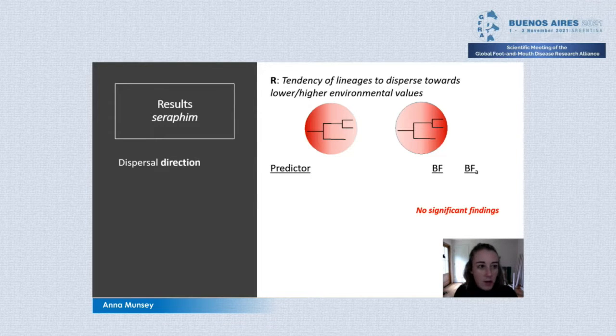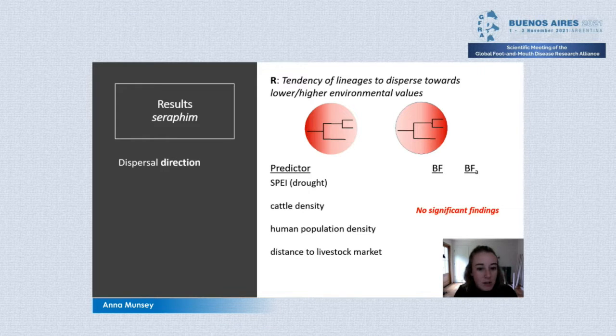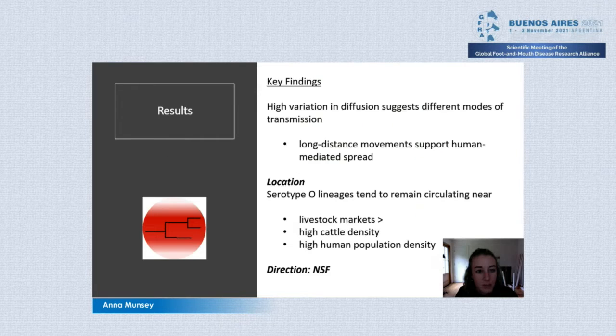For the statistic R, tendency of lineages to disperse along environmental gradients, we analyzed the same predictors and found no significant findings among those predictors. To summarize our findings so far, we found high variation in spatial diffusion of serotype O in this area, suggesting different modes of transmission occurring, for example, longer distance displacements suggestive of human-mediated spread.